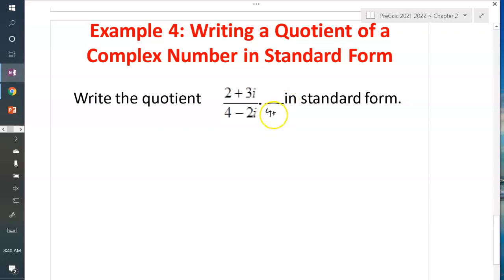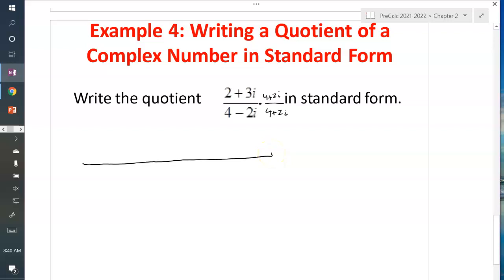So that's going to be 4 + 2i over 4 + 2i. And what that's going to do is make the denominator all real. And since numerator and denominator are the same, I'm not changing the value of my expression at all. I am multiplying by 1 in a form that allows my denominator to go real. So here we go.